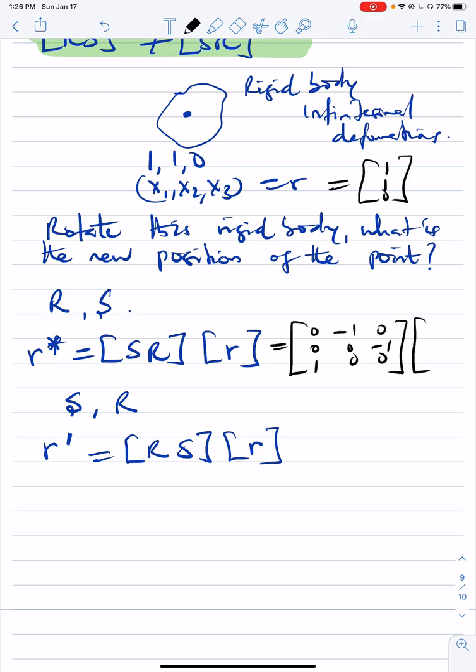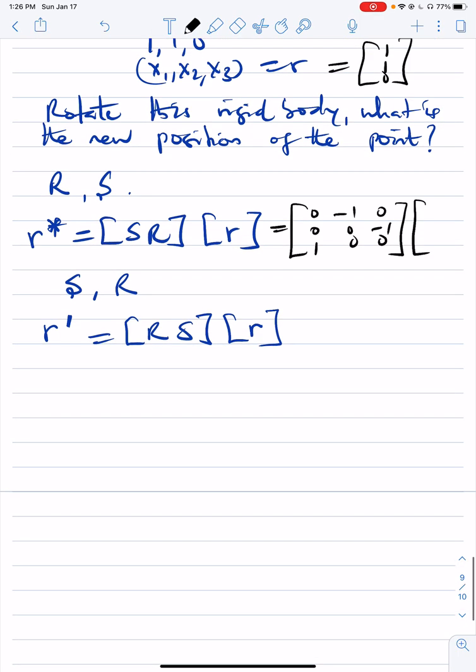Look at it based on x1, x2, x3. So 1, 1, 0. If you simplify this, minus 1 times 0 and the zeros cancel out, this should be 0, and this should be 1, right?